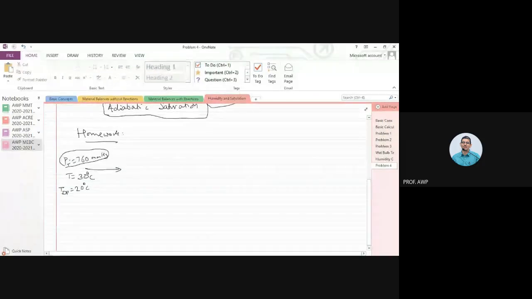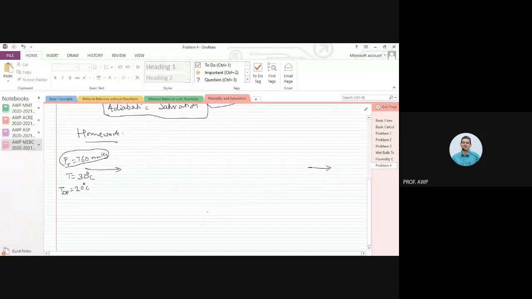Okay, I want the air going out. One second, let me just open that problem so that I can give you some values. So 30 degrees centigrade, dew point is 20 degrees centigrade.